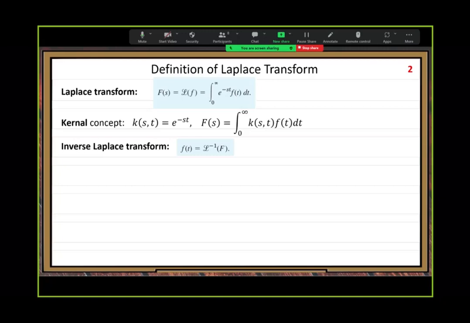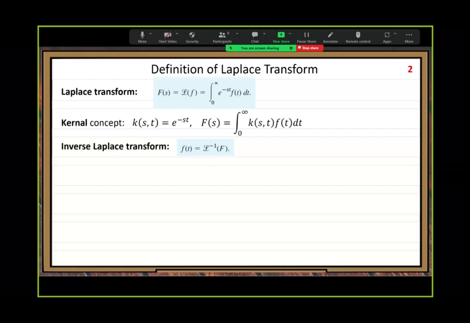We just base it on the result. The reason we can say this is that we have the Laplace transform before, and we just go backward, so we have the inverse Laplace transform. It's not like the Fourier transform. For the Fourier transform, we have a specific inverse formula.